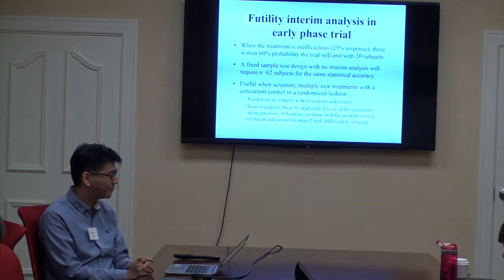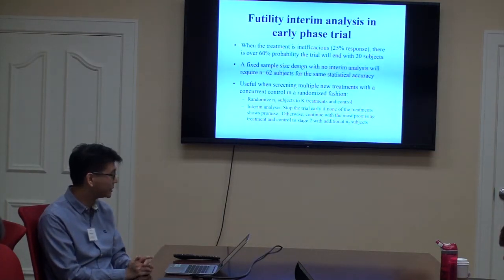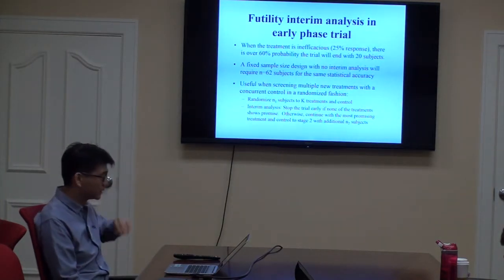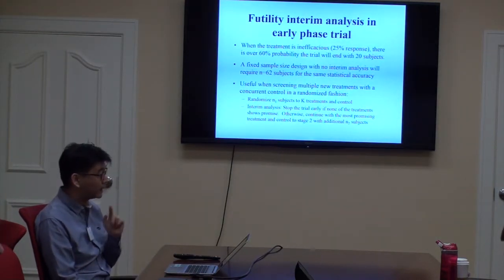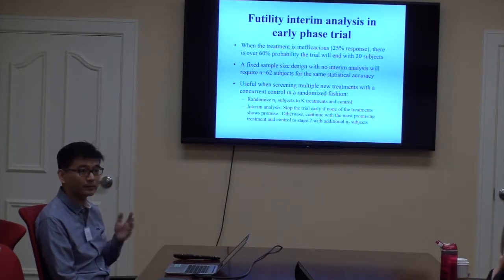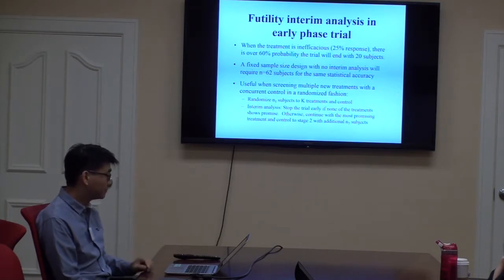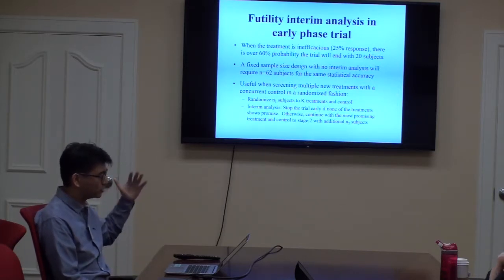So these are the two observations that I made, and of course, it is really useful if you have multiple treatments. It's the third bullet point, and if you have a concurrent control. And in some cases, you can have a historical control. It really depends on the disease area and the availability of patients. But methods have been proposed for how to do these kinds of things.